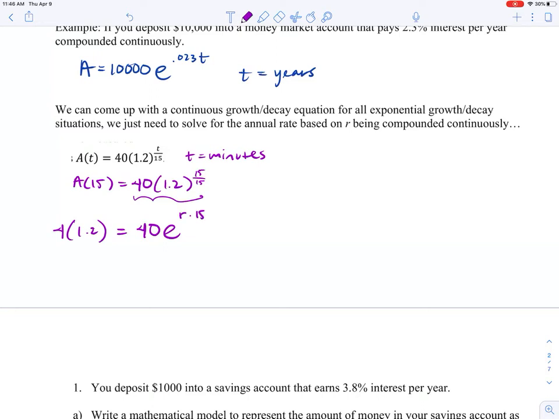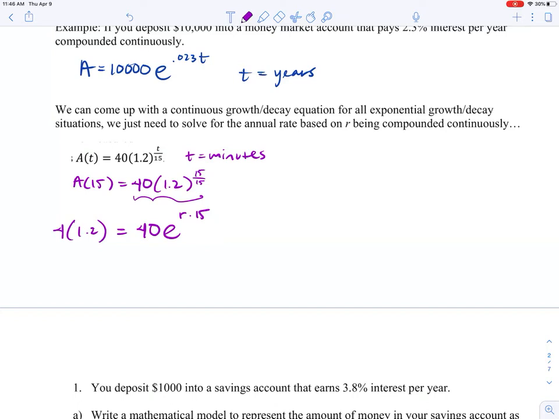And then if I use the e to the r times t, if 15 minutes have passed, we're going to solve for the rate. So it would actually not be the annual rate.